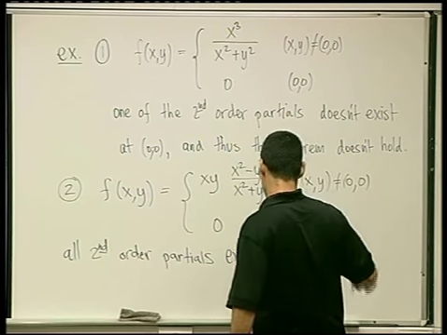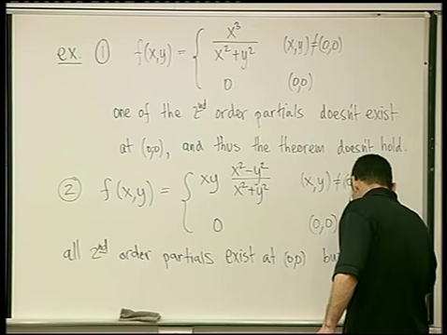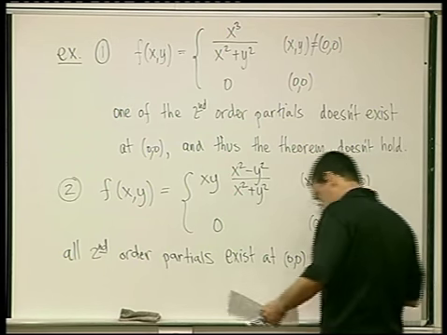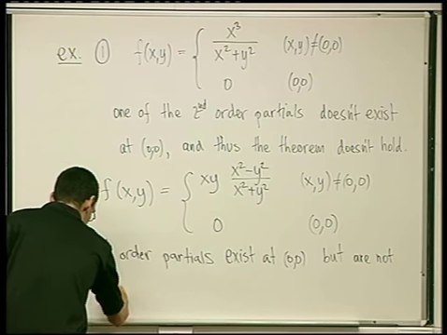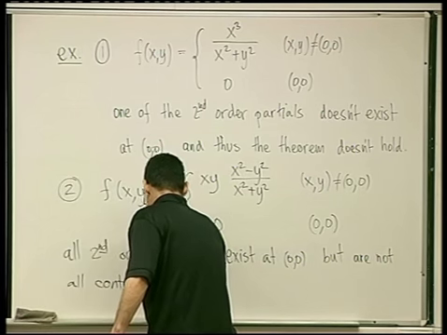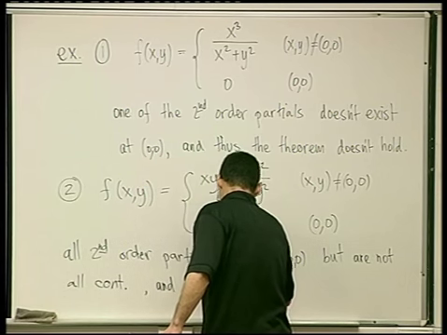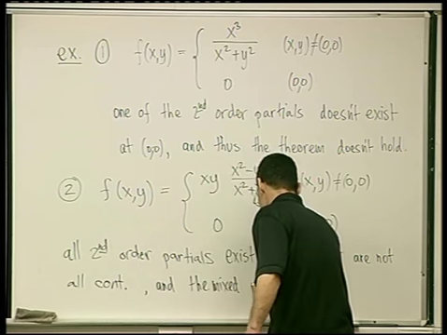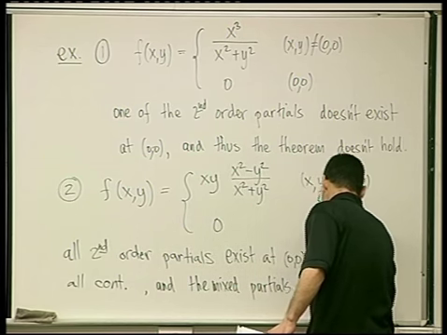So all second order partials exist at 0, 0, but are not all continuous. And the mixed partials are not equal.